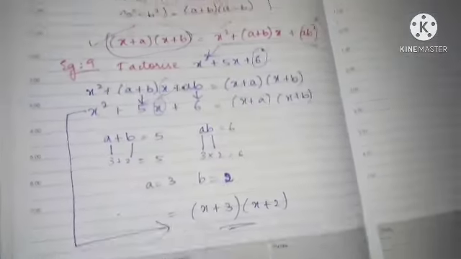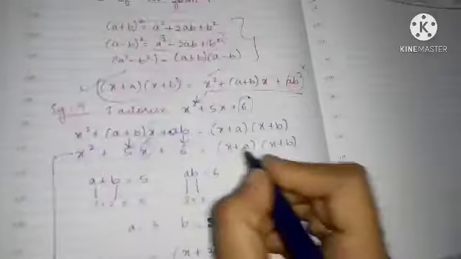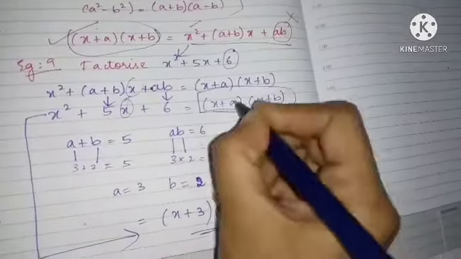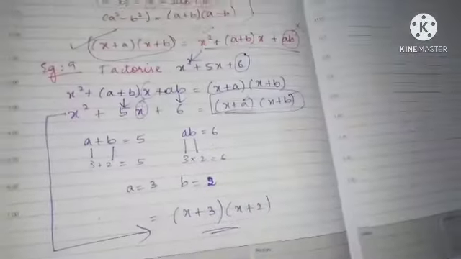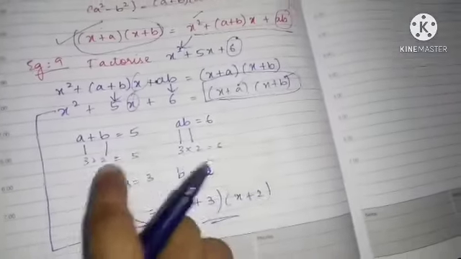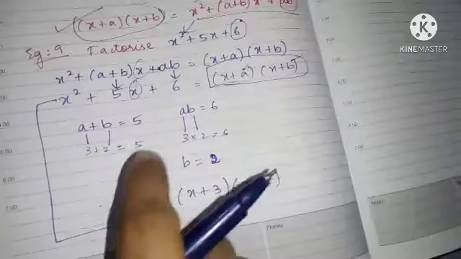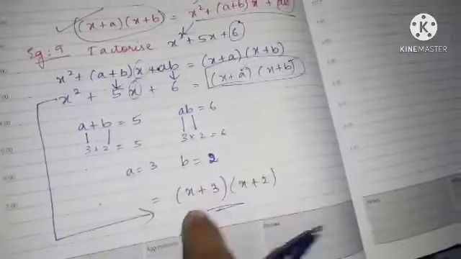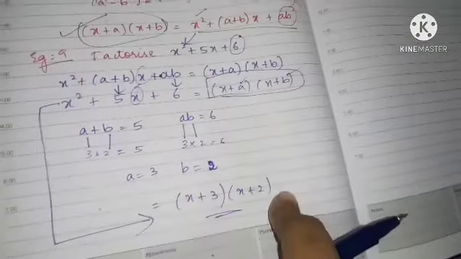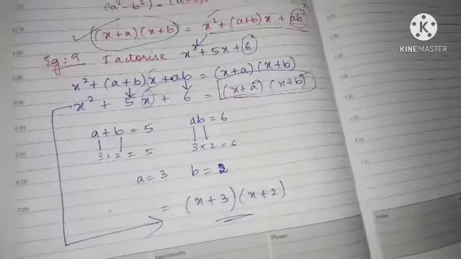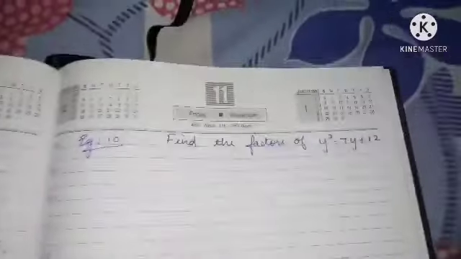So I have to choose this a and b, because my final answer should be like x plus a, x plus b. 3 plus 2 is 5, 3 into 2 is 6. So a is 3, b is 2: x plus 3 into x plus 2. Understood? Next is your example number 10.